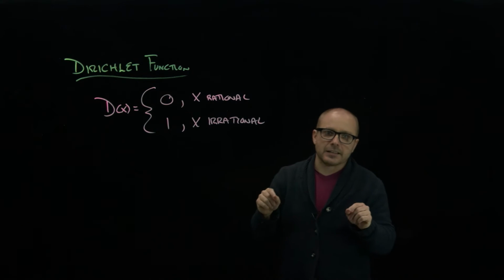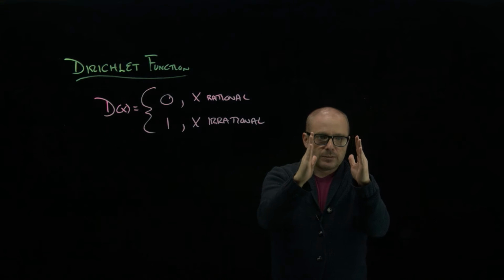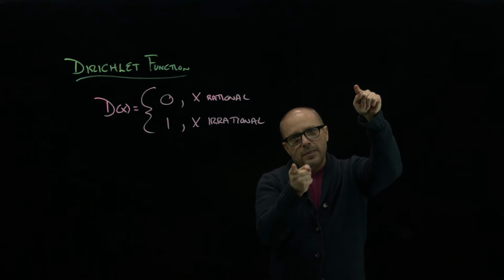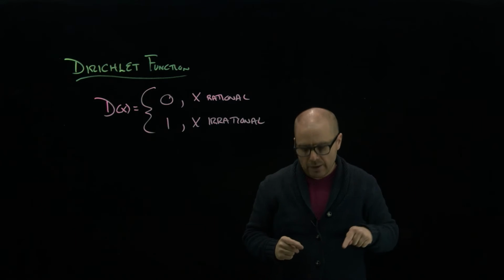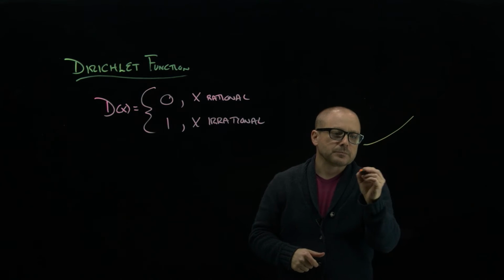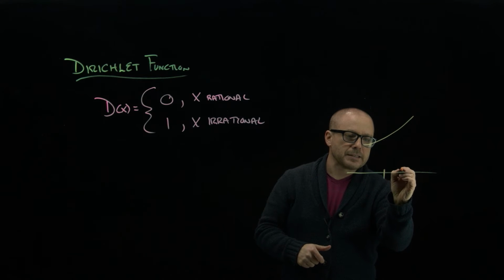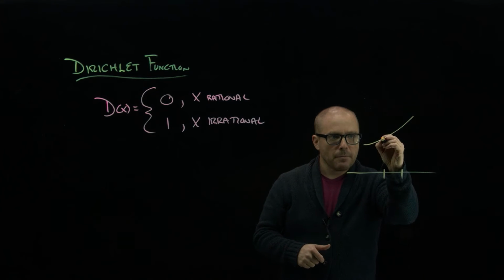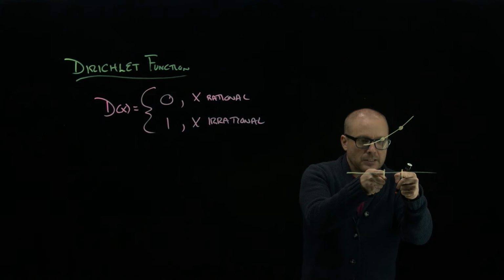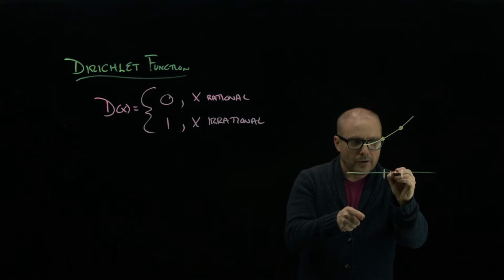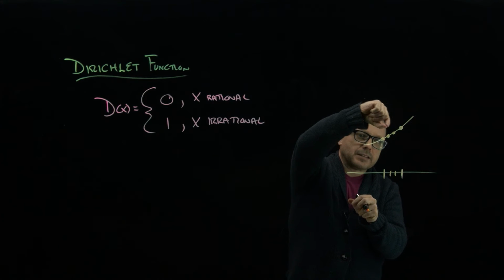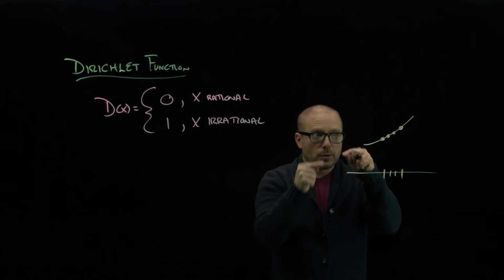But the key to that is that the max and min values, as those partitions squeeze in on any given subinterval, come together. So on a nice, well-behaved curve, if this is my subinterval, there's a max, there's a min. As I squeeze this in to smaller intervals, it's a different min and a different max, but that max and min are going to converge to one another.